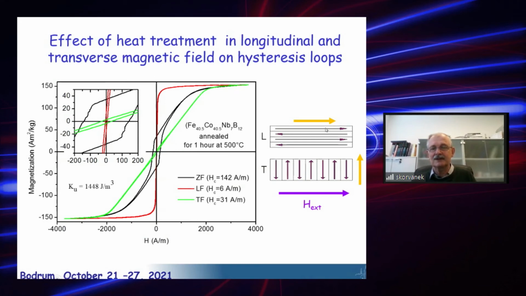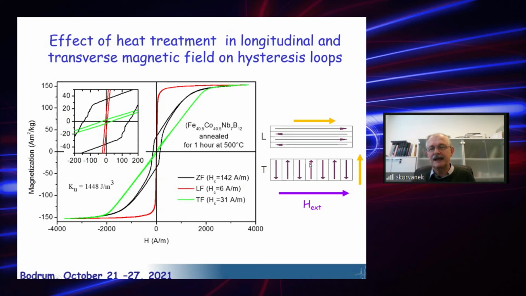So if it was applied in longitudinal direction, we have this pretty square hysteresis loop with extremely low coercivity. When it was applied in the transverse direction, we have this linear loop with rather high anisotropy field, and it is due to the fact that in this case of longitudinal, we stabilize such a domain structure. Here we have magnetization by moving of 180 domain walls, which is an easy process.